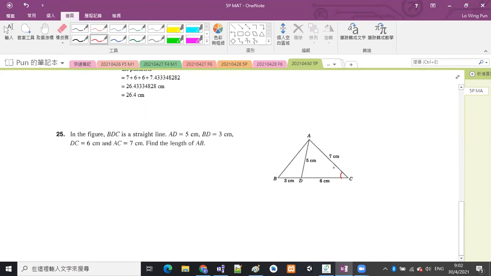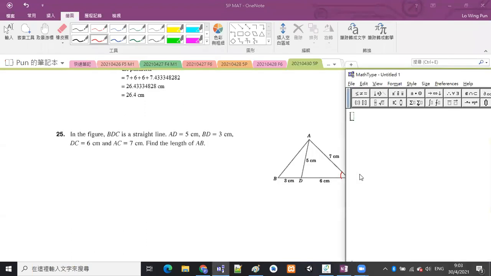So we have three pieces of information, and we may use the cosine formula to find the length of AB. That will be the answer of this question. So first, according to our plan, I need to use triangle ACD to find angle C first.